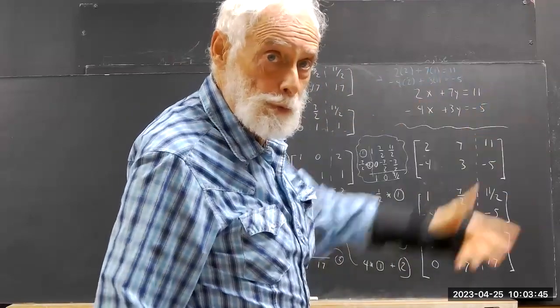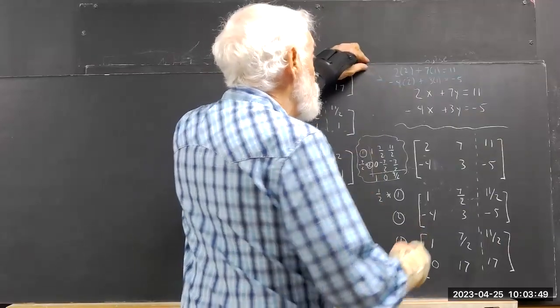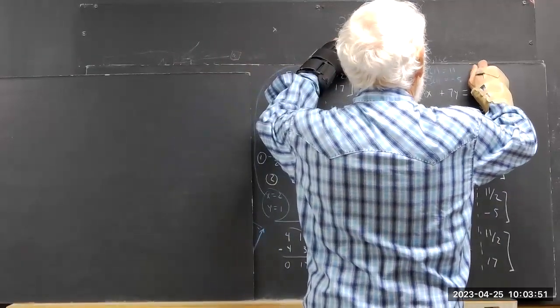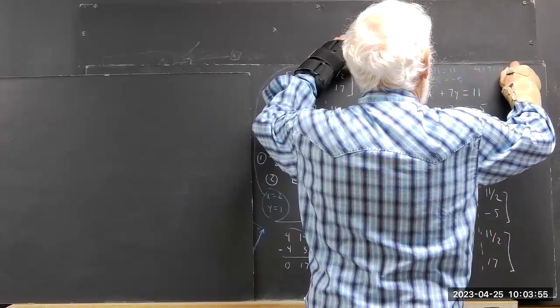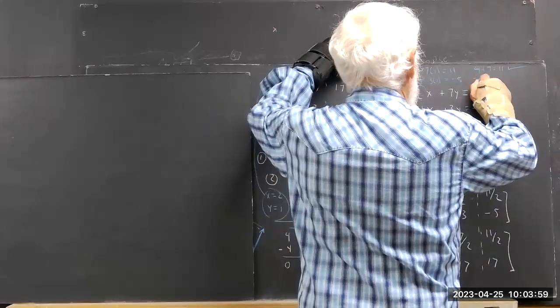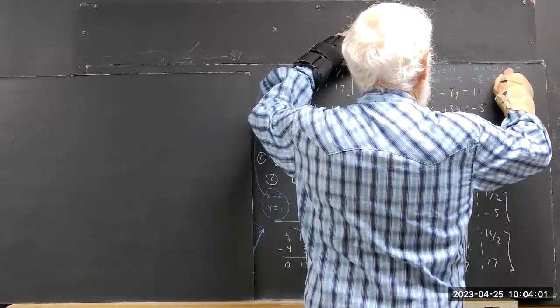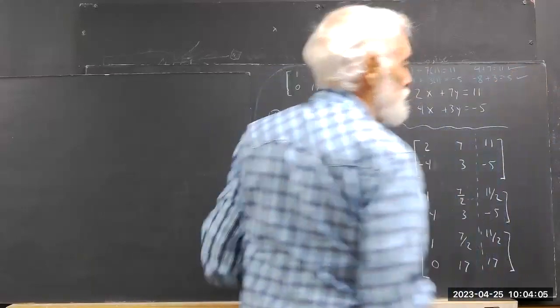And then we just do the arithmetic, and you all are doing real well with it. 4 plus 7 equals 11, that checks. And we get negative 8 plus 3 equals negative 5. And that's it.